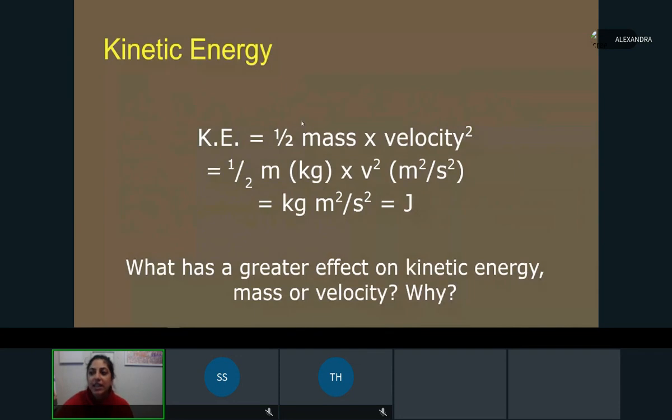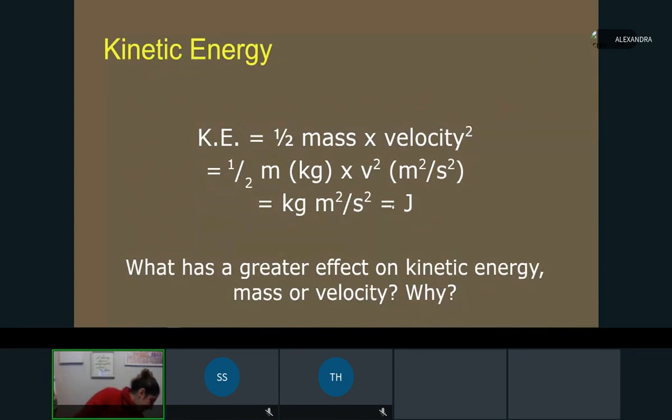Kinetic energy is equal to 1/2 of the mass times velocity squared. If we break this down into the variables and units: 1/2 m, which we measure in kilograms, times velocity squared, which is meters squared over seconds squared.